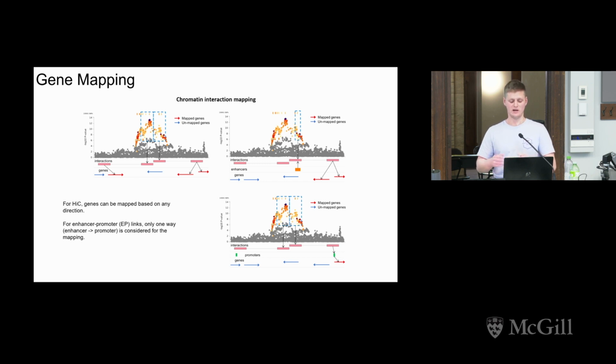There are two types of this. One is one-way, so it always has to be that your candidate SNPs are in the enhancer region, which then folds and maps to a promoter of a gene. And the Hi-C is a different type where that directionality doesn't matter. It's both ways. If it's your SNPs in the promoter, it will also map to anything that's in the enhancer region as well.